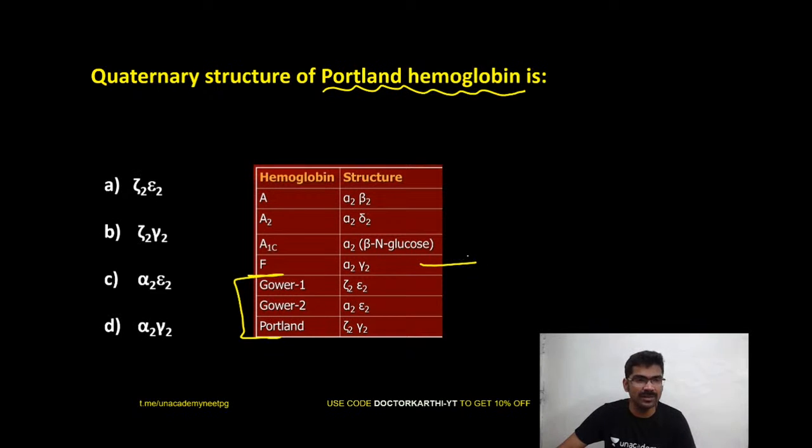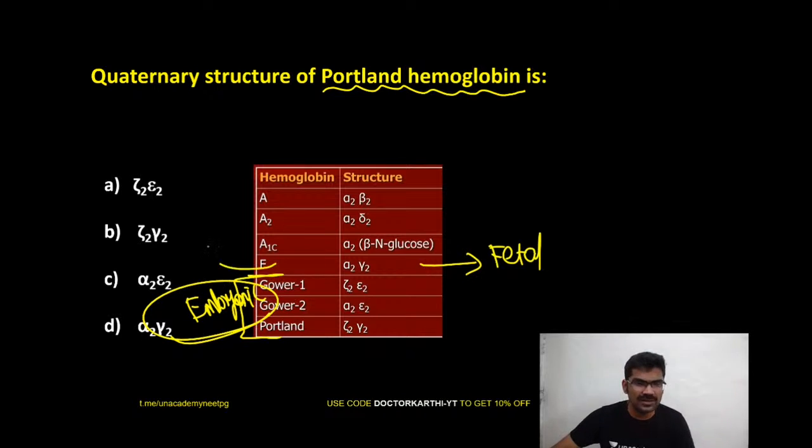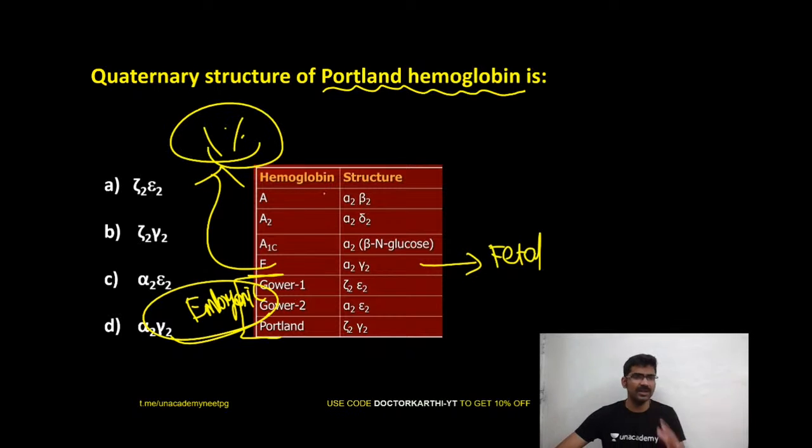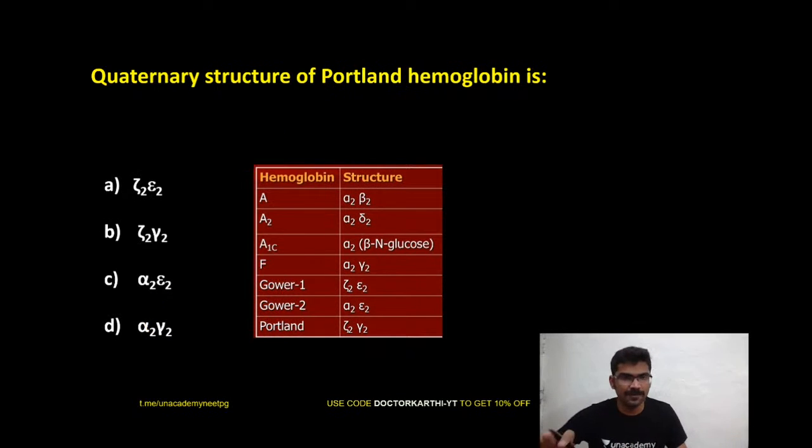So this is your fetal hemoglobin. These are all embryonic hemoglobin. Okay. So in adults, you have fetal hemoglobin 1%. Around 1% you will have fetal hemoglobin, but you won't have these embryonic hemoglobins. Okay, so you won't have this.